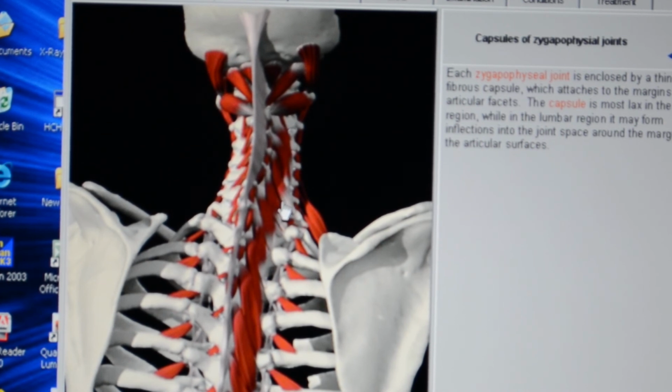All spinal treatment, whether it's chiropractic or physical therapy, should be focusing on these muscles here. I can tell you that very few therapies really concentrate on these muscles solely. So these types of injuries will cause neck pain.